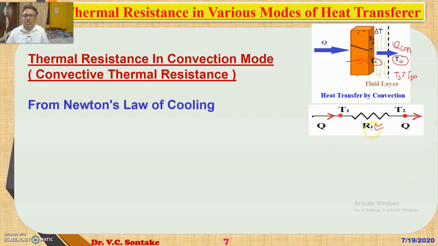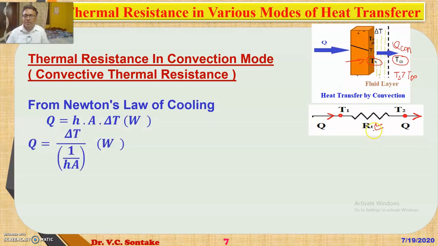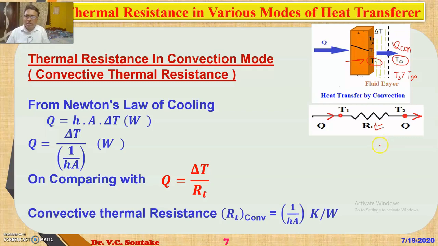Now from Newton's law of cooling, the heat transfer rate is given by the equation Q is equal to hA delta T. Rearrangement of this equation, Q is equal to delta T over 1 upon hA, and comparison with the standard form Q is equal to delta T over RT will give me convective thermal resistance RT convection is equal to 1 over hA Kelvin per watt, where h is called the convective heat transfer coefficient, and its unit we have already discussed, watt per meter square Kelvin or watt per meter square degree Celsius.